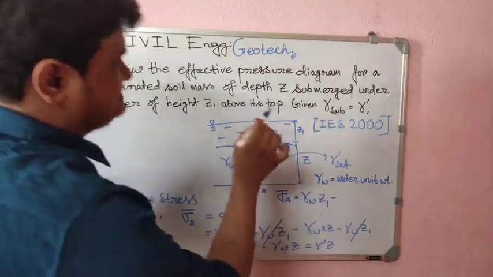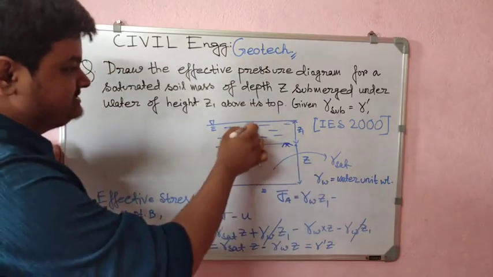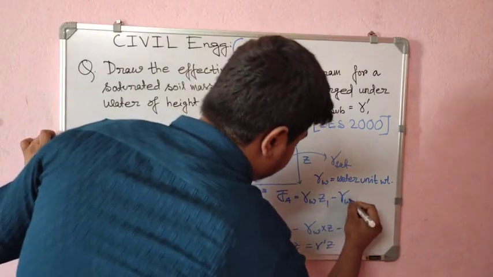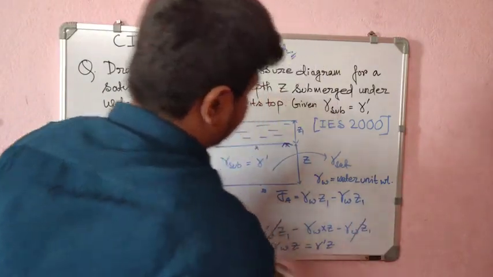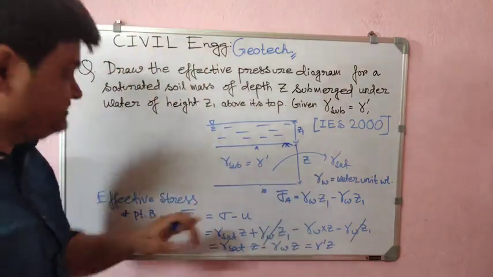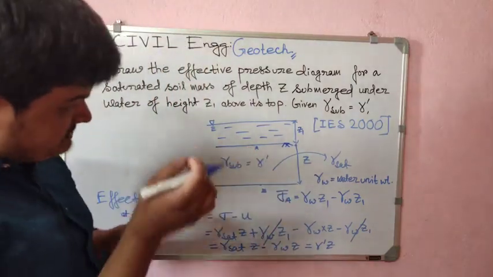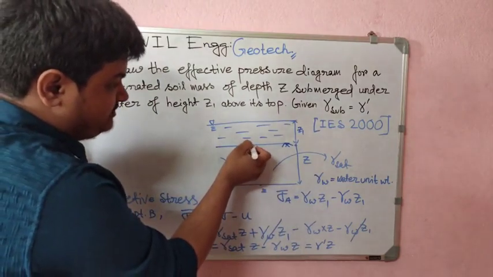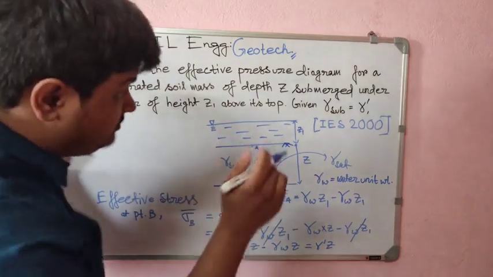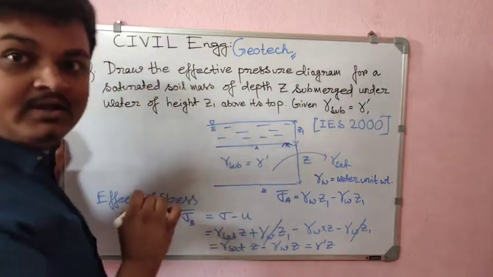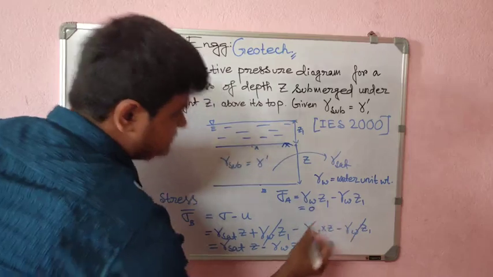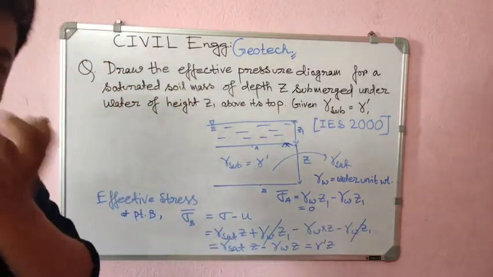If you take imaginary soil here, just below this soil bed level, the pore water pressure will be gamma w into z1. So it is coming out 0. So let's draw the diagram of the effective stress.